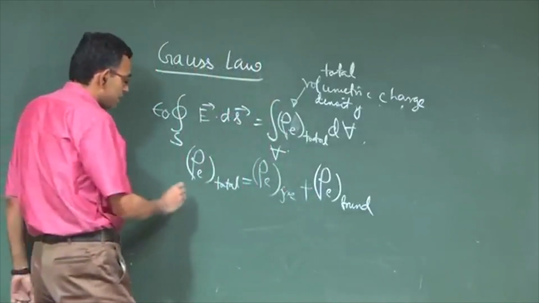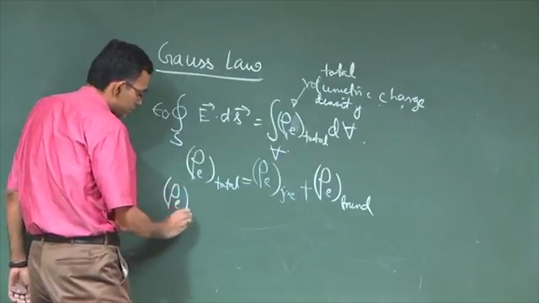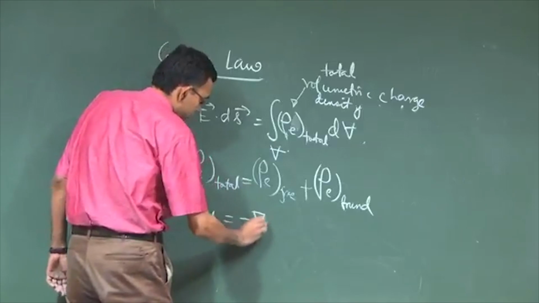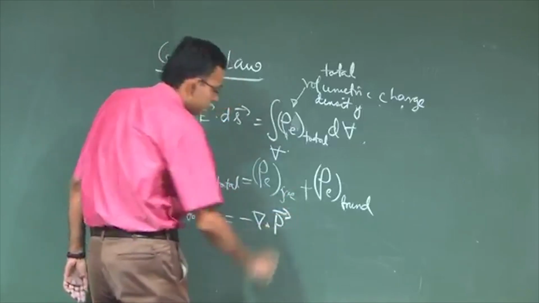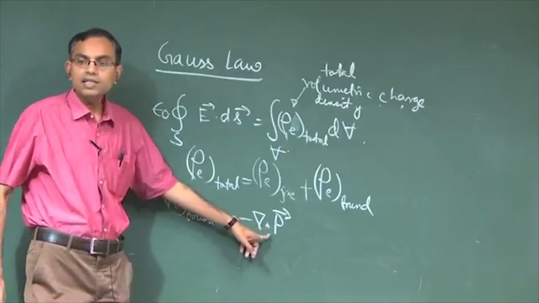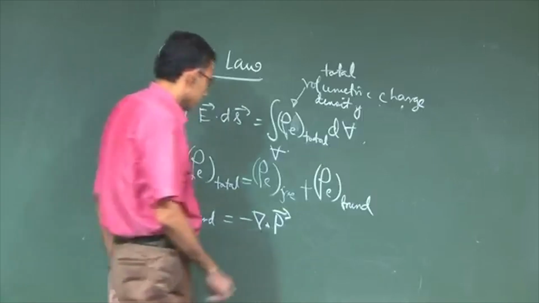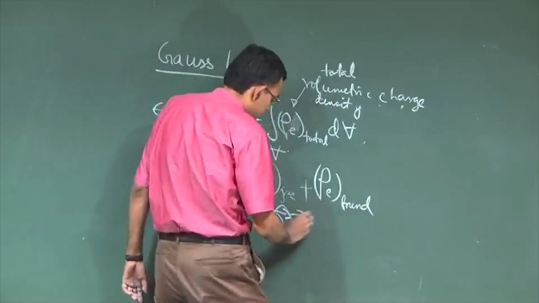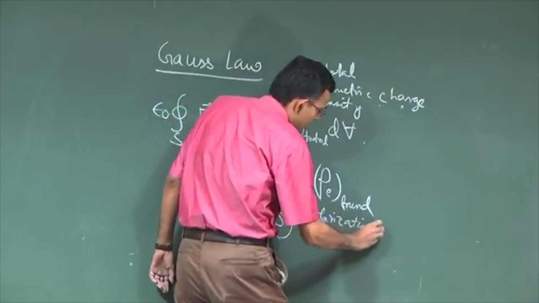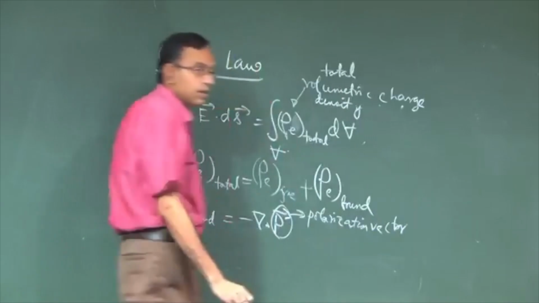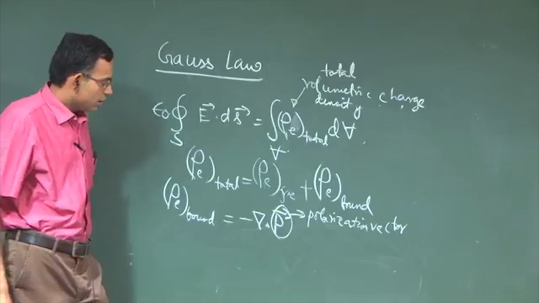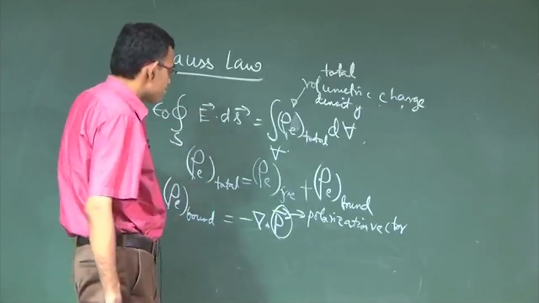The bound charge density is given by the minus of divergence of a vector called as polarization vector. It is essentially the dipole moment per unit volume.